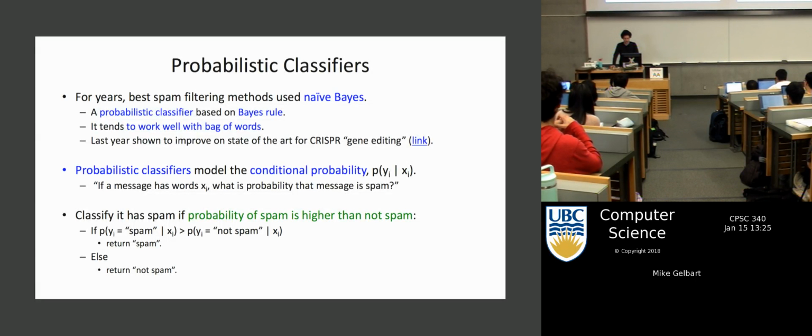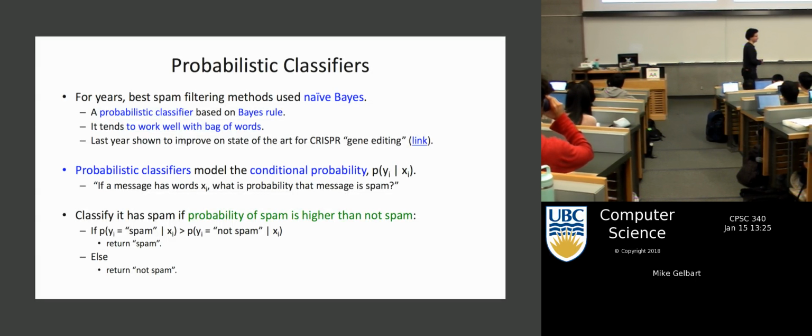So this third bullet point may seem a bit strange to you, and we'll come back to it. It says classify as spam if the probability of spam is higher than the probability of not spam. You might think those 2 things should just add up to 1 because it's either spam or not spam, and why didn't I just write if it's greater than 0.5, then classify as spam?